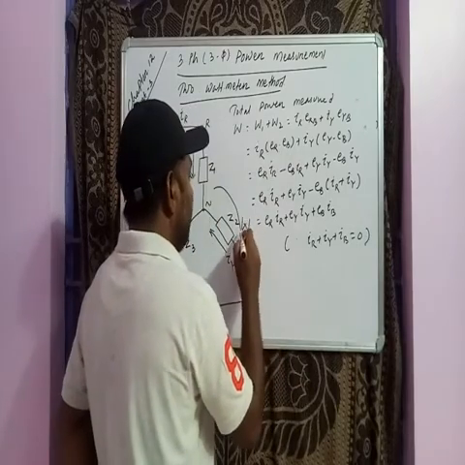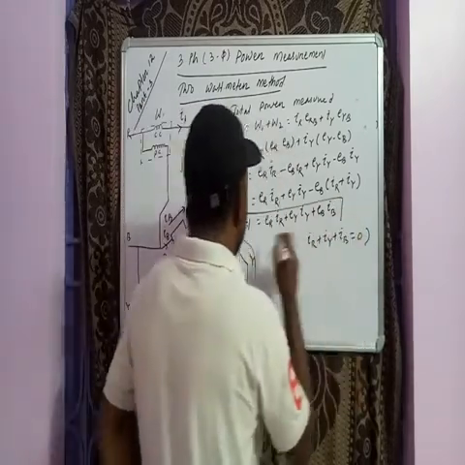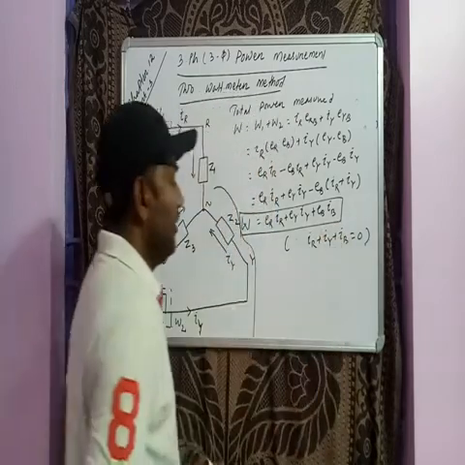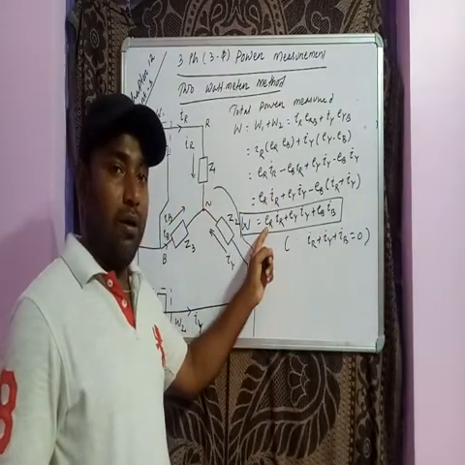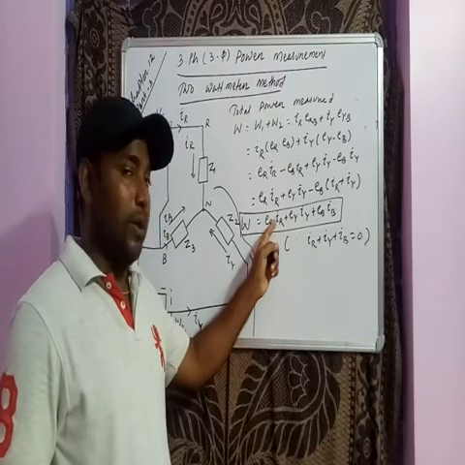Now total W, which is W1 plus W2, you can see instantaneous value of the R line into current.